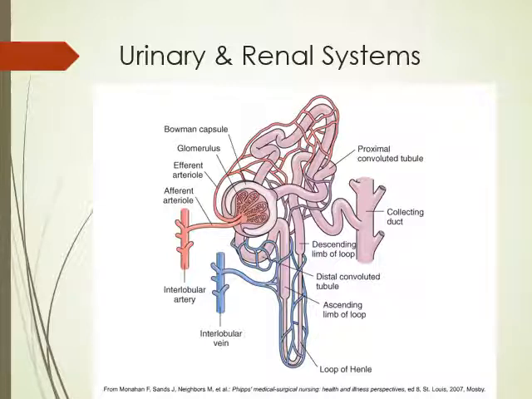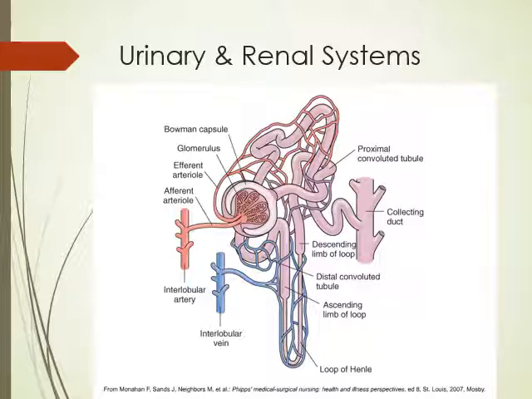And then you can see the collecting duct over on the right, and that reabsorbs water. ADH is required. So if any parts of this nephron are not working well, then things won't be reabsorbed or secreted or excreted.